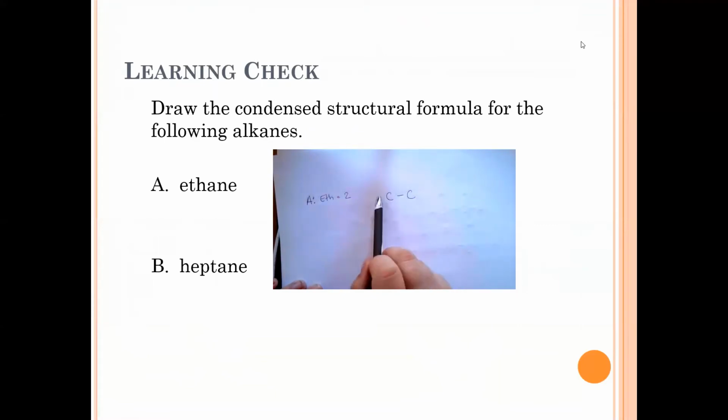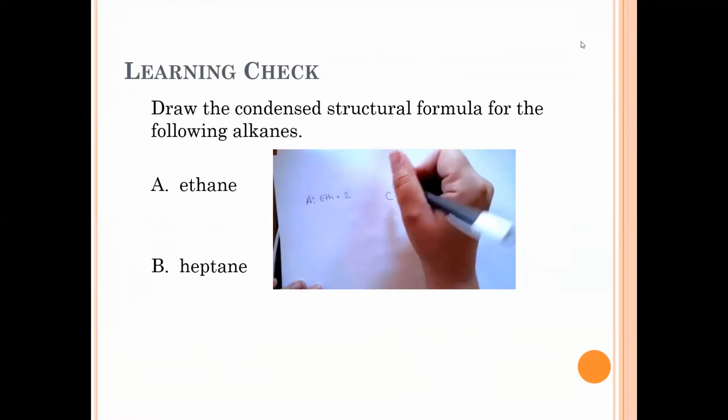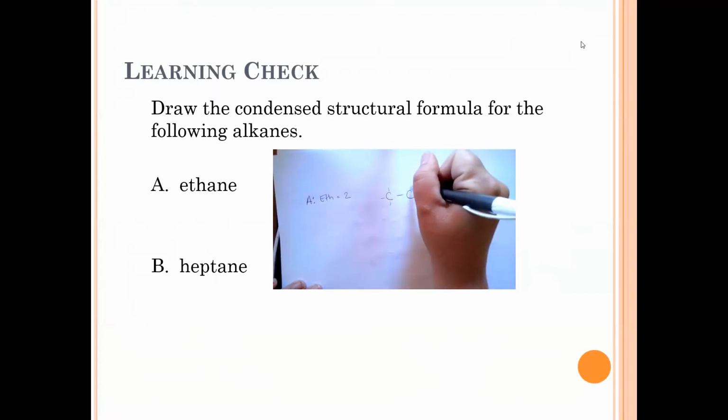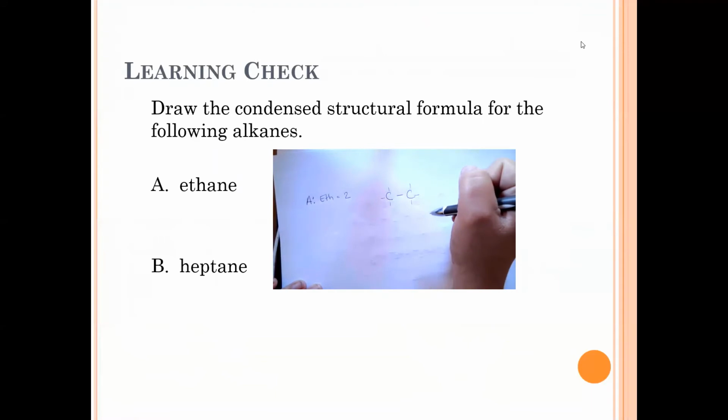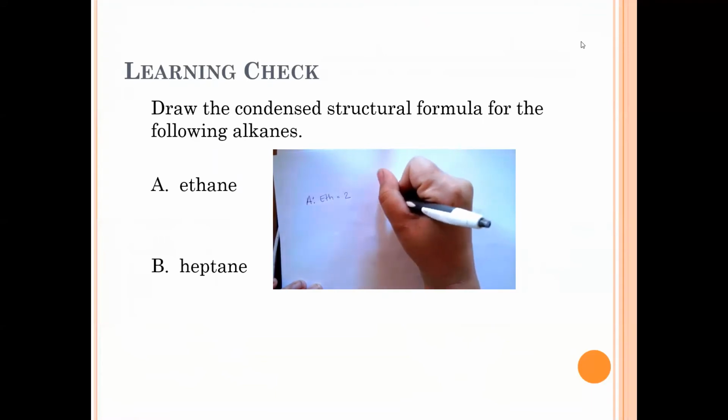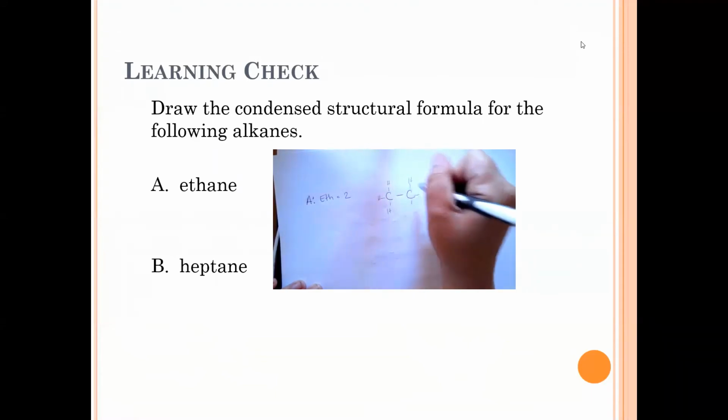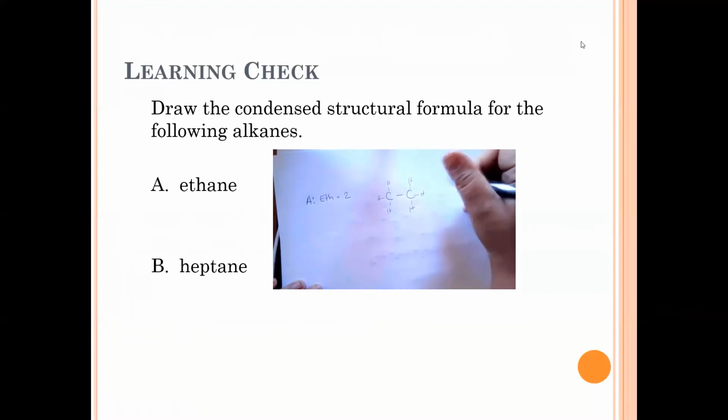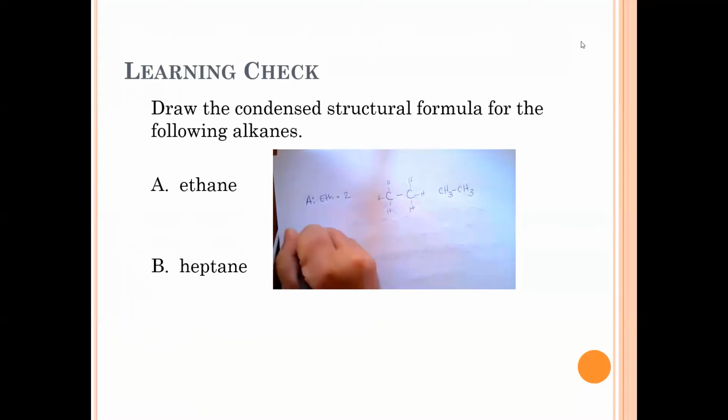Because they're both ends, this is basically going to be a CH3, CH3. If we're doing expanded again, remember 4 bonds. Then you'd fill them in, H, H, H, H, another hydrogen there. Condensed is just CH3, CH3. Okay, that is ethane.